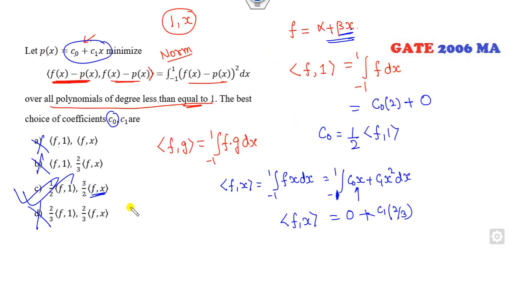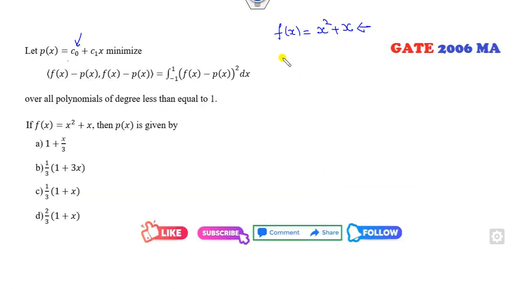Or you can use this one. I already obtained this value, but anyhow I can start from this. It is my c naught plus c1x. Okay, f is my given to be here, so my integration is f of 1. So what is the integration of this? X square integration is x cube over 3 from minus 1 to 1.